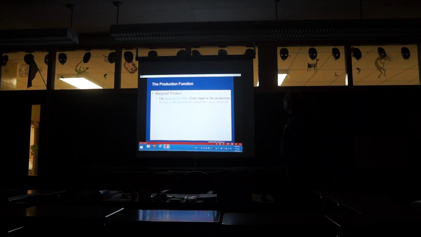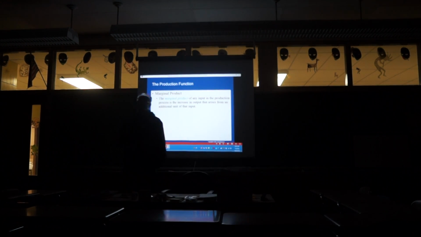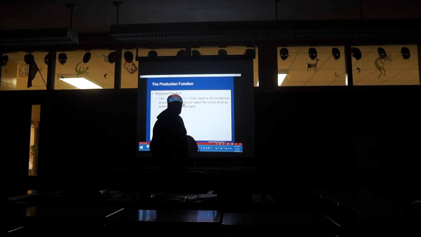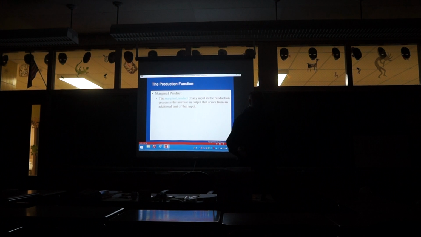All right, the marginal, and when you think marginal, you think of additional. The marginal product is the additional product of any input in the production process, the increase in output that arises from an additional unit of that input. So as you add a worker, the marginal product is how much the worker produces, how many units.